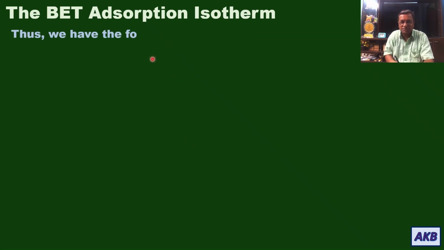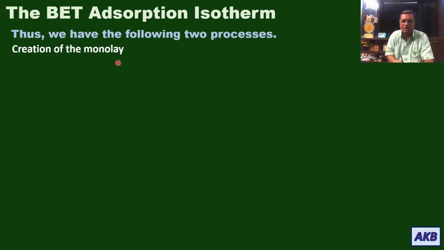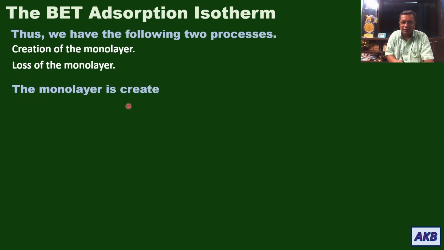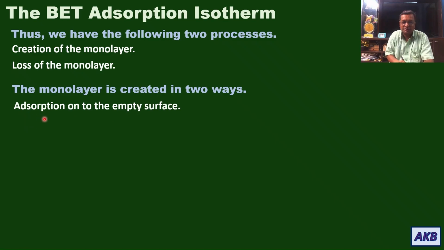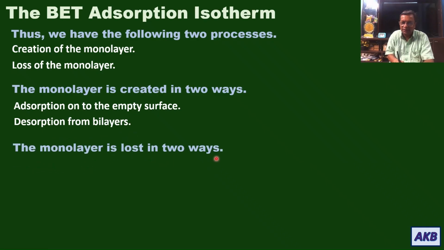Now we have two processes. After understanding how the process occurs, we can note these points. We have the following two processes: creation of the monolayer and loss of the monolayer. The monolayer is created in two ways. First, by adsorption on the empty surface, and second, by desorption from bilayers. Then the monolayer is lost again in two ways.